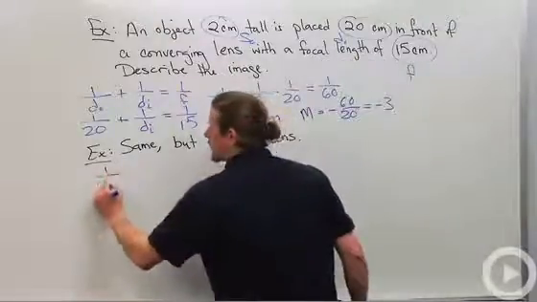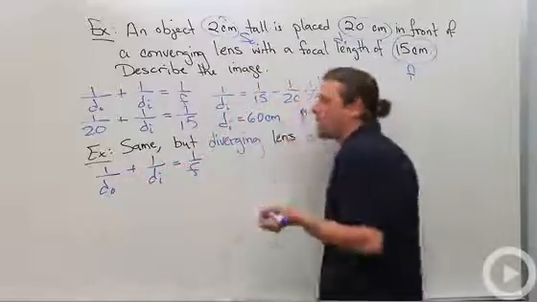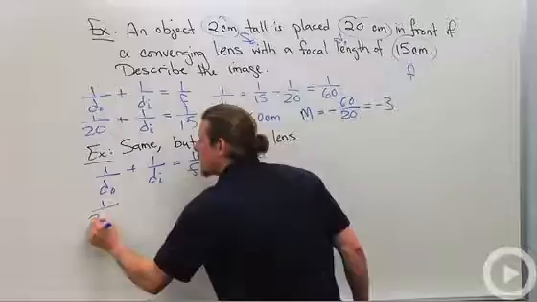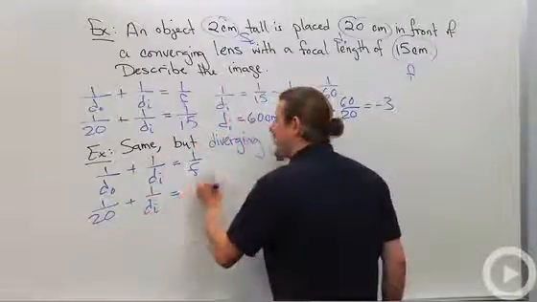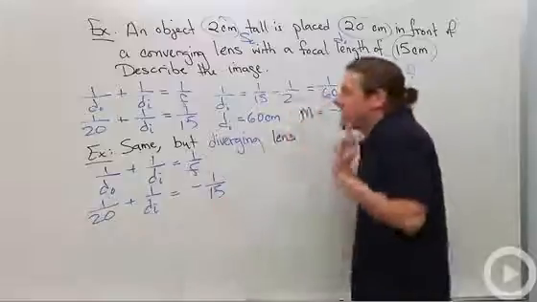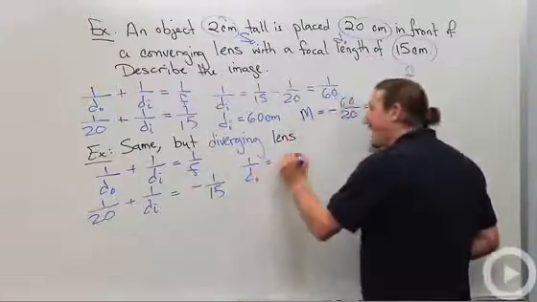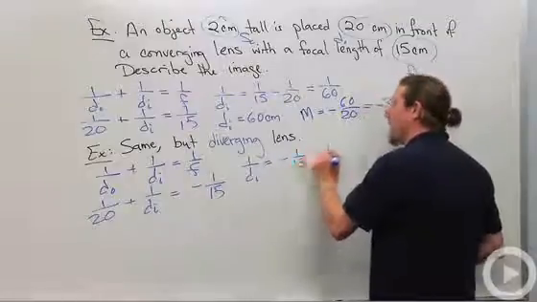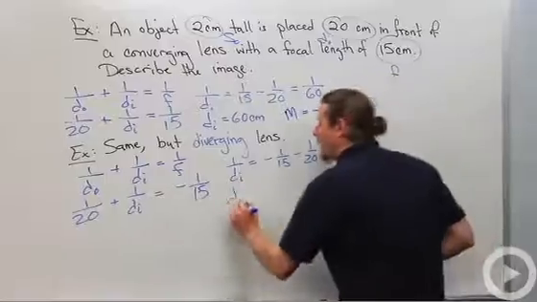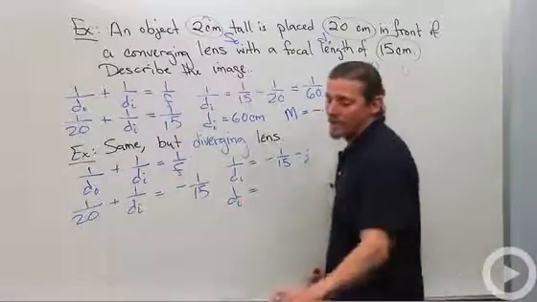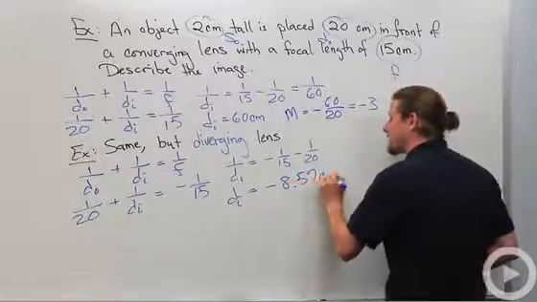So we'll start off with the same equation, but then when we plug in the numbers, it's negative 1 over 15. And that changes everything because now it's 1 over DI equals negative 1 over 15 minus 1 over 20. If you type it in your calculator, you'll find that DI is negative 8.57 centimeters.